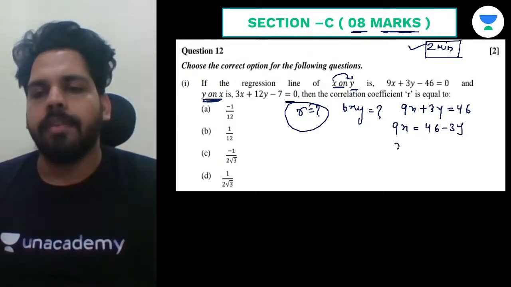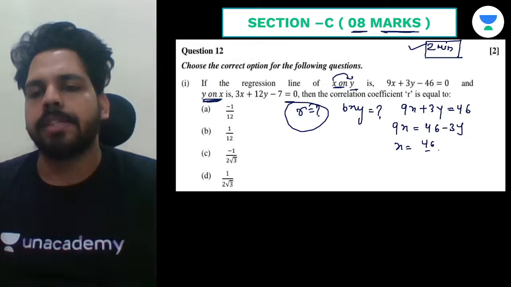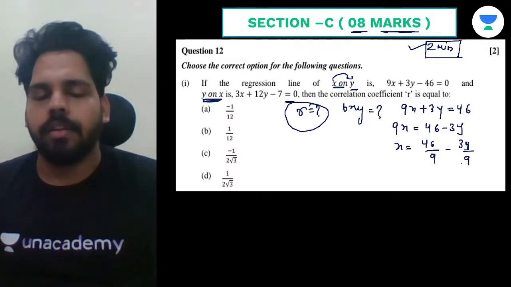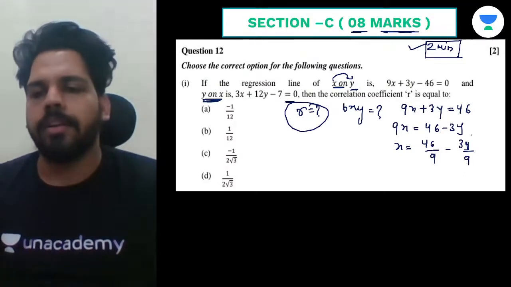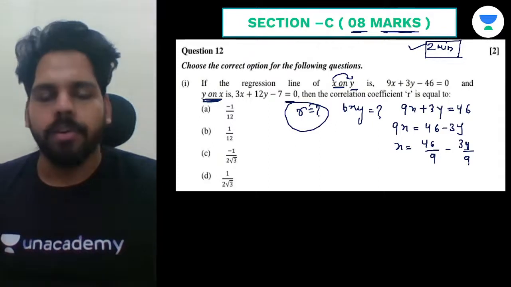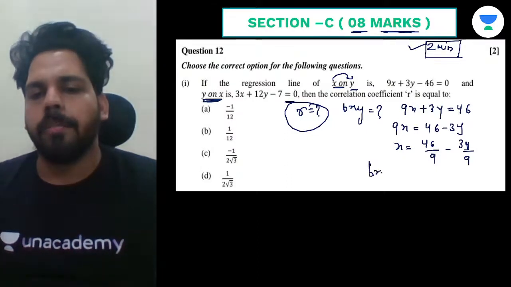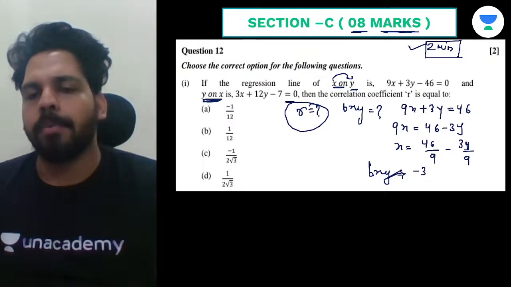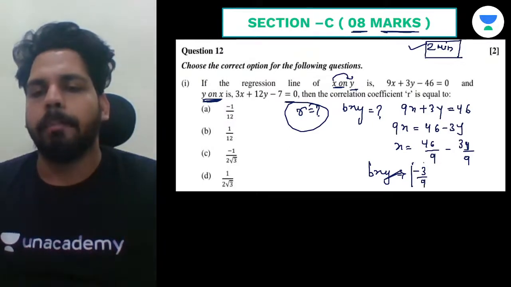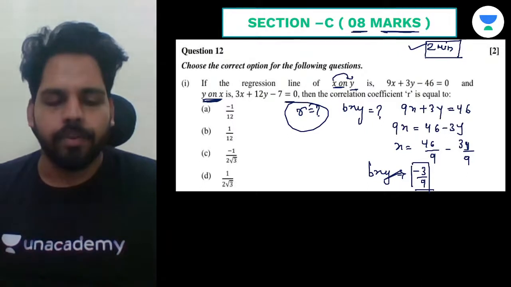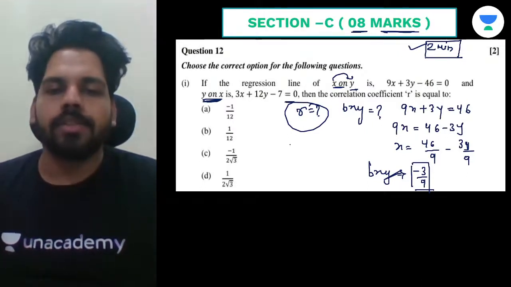Now we can write x is equal to 46 divided by 9 minus 3y upon 9. So we have just sent this 9 over here. Now, as we are finding b of xy, you will get the value as minus 3 upon 9. Yes or no?